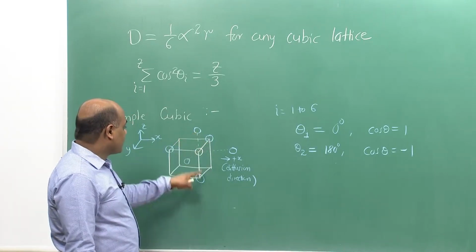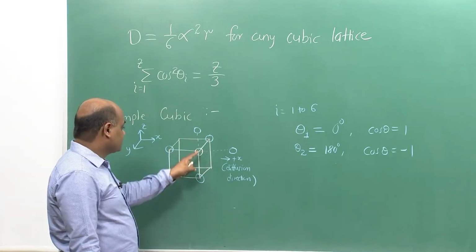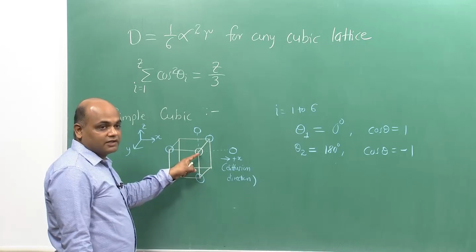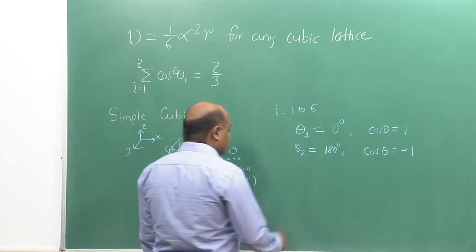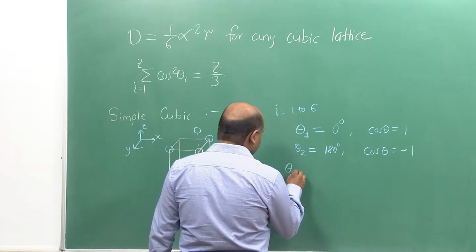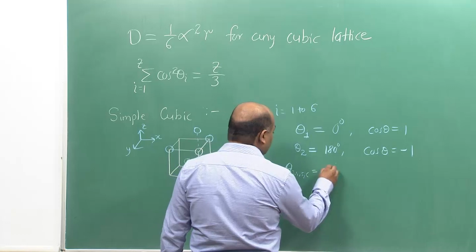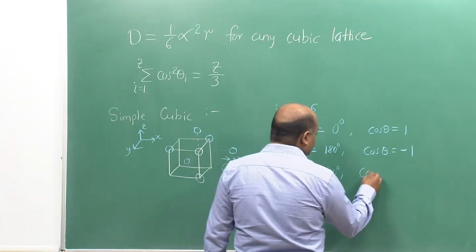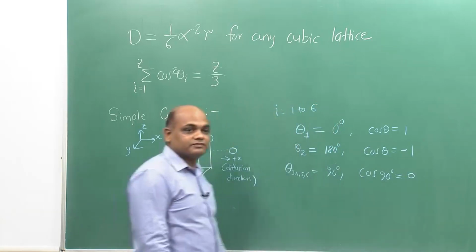Then these 4 atoms, if these are the jump vectors 1, 2, 3 or 4, they are all making an angle of 90 degrees with the diffusion direction. So, theta 3, 4, 5, 6, they are all 90 degrees. Cos 90 is 0.